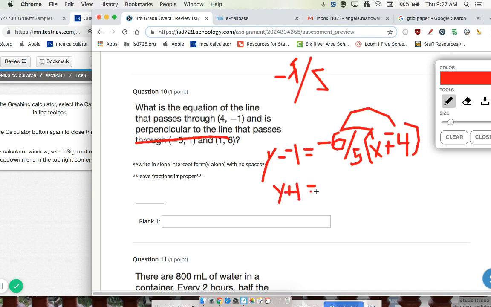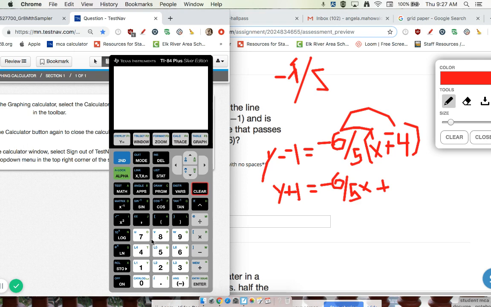equals -6/5 x. And then I need to use my calculator on this part: -6/5 times -4. Anytime you're dealing with fractions, use parentheses.